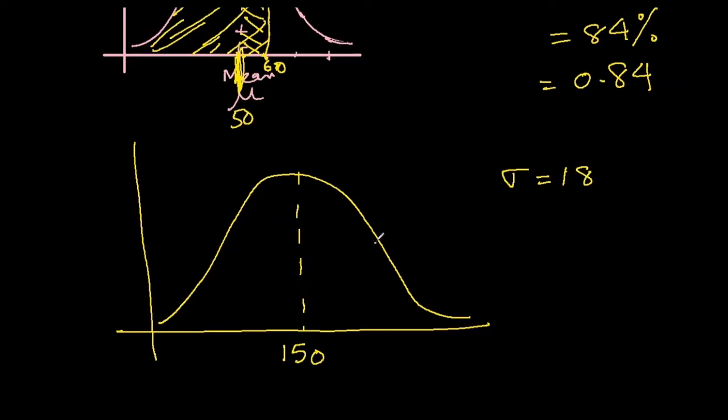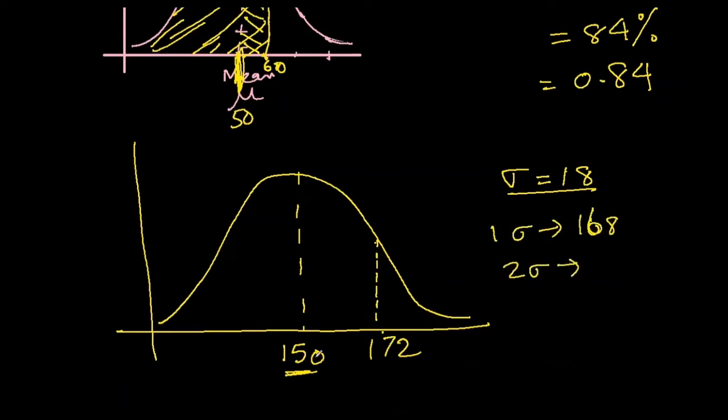So this is a number which is 172. If I say one standard deviation above 150, it will be 168. Two standard deviations above 150, it will be 186. So 172 is not anywhere on those marks.